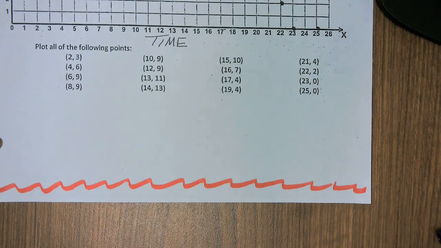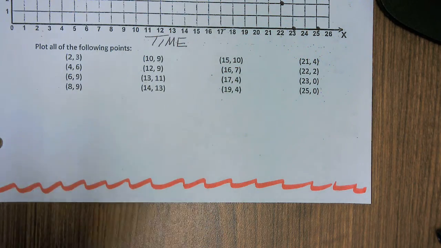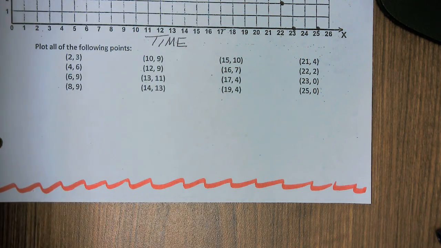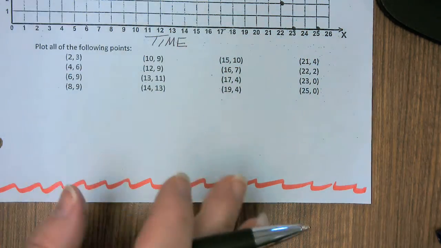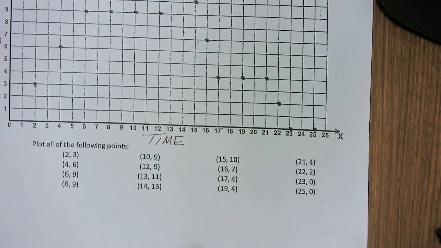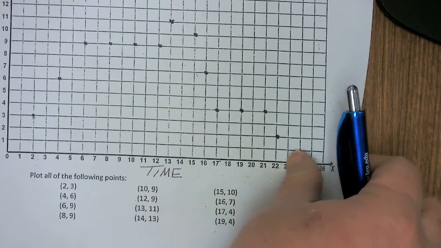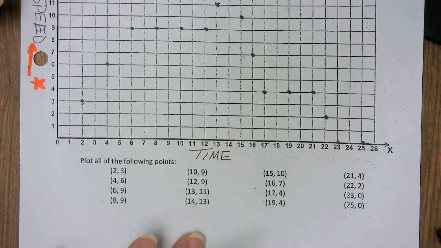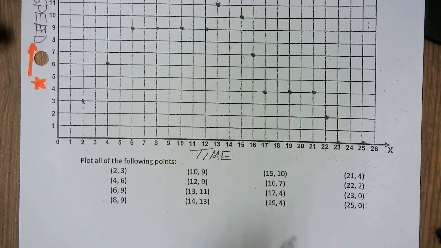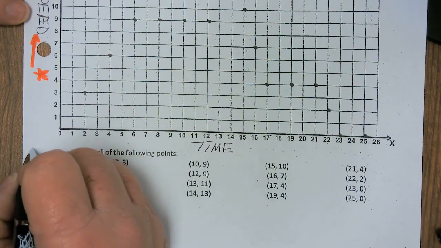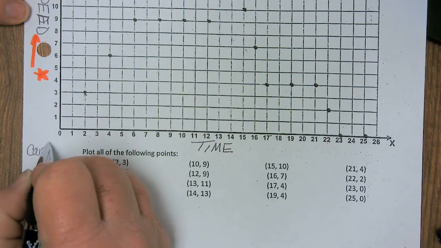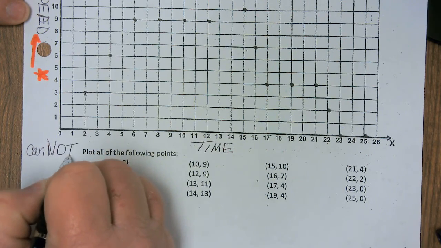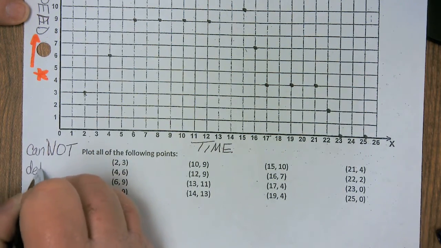I've plotted the same points as last time. You see all of these points here, they are all plotted for you so that you don't have to do that. But you see we've got our graph here. One of the major differences between the last graph and this one is we cannot determine our location.